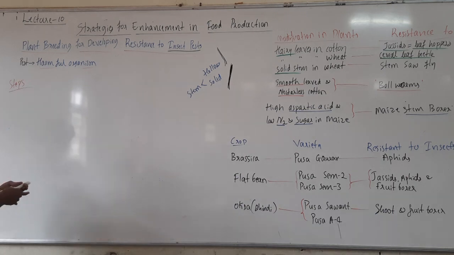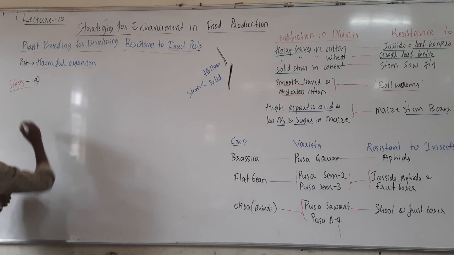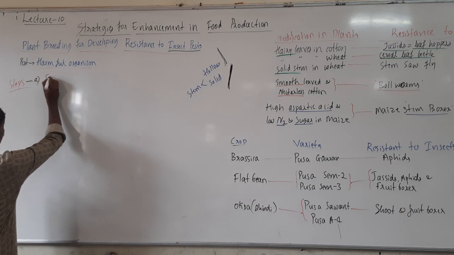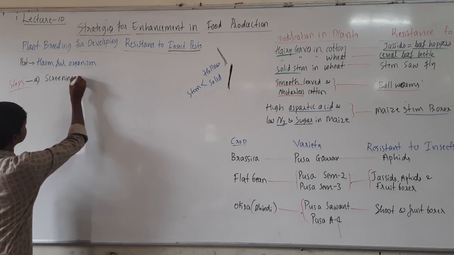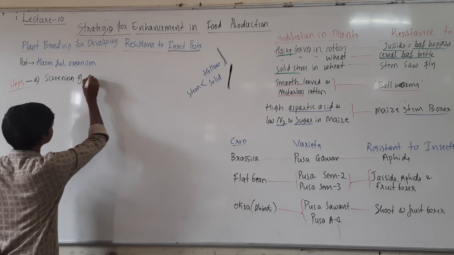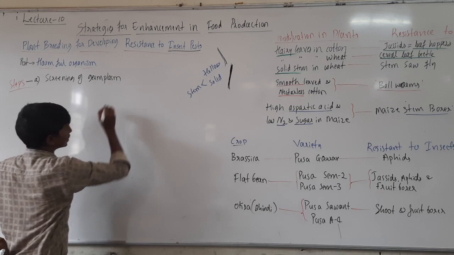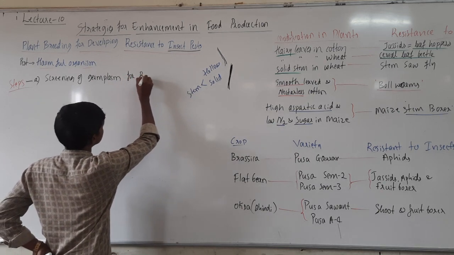Here, the resistance can be developed by the following steps. Firstly, screening of germplasm for resistance sources.